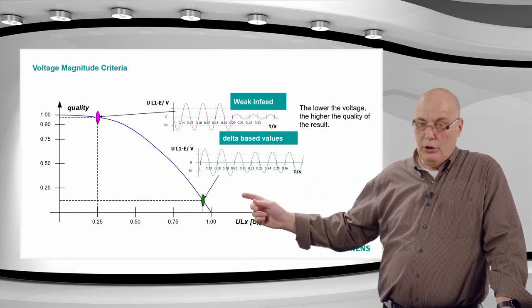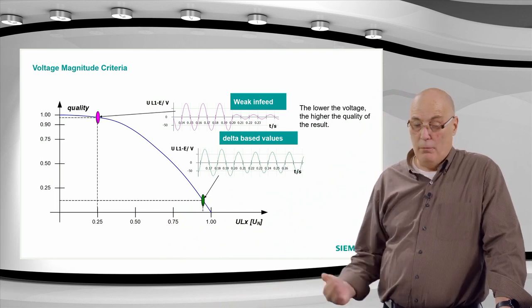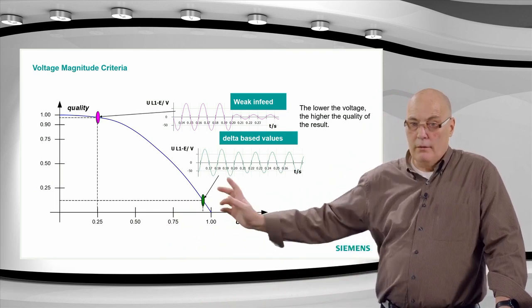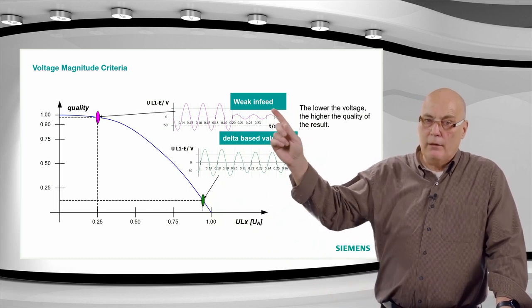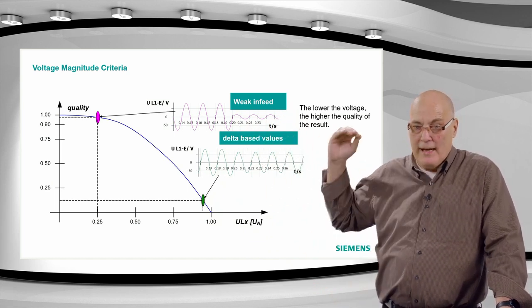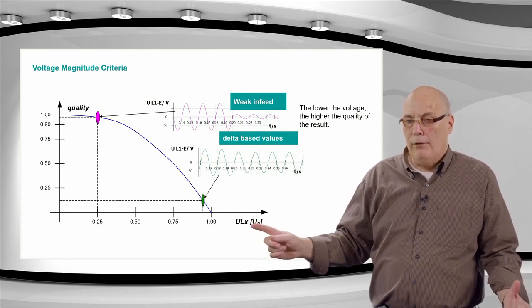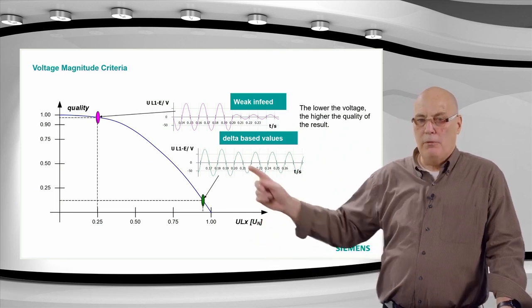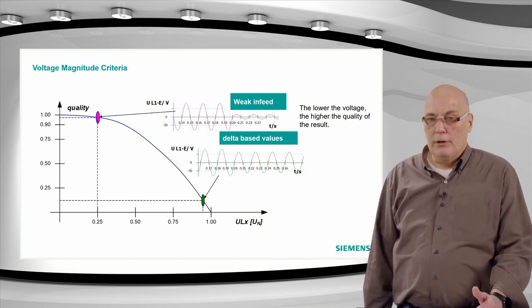If, however, the voltage drops down to a very small value, all the way down to 25% in this example, from full voltage 1 down to 25% voltage, then it is a strong criteria, and it'll give you a quality almost of 1. To say this phase must be faulted. This is clear. If this is the A phase voltage, then the A phase must be faulted. Otherwise, the voltage on the A phase would not drop to 25%. The voltage criteria is strong.